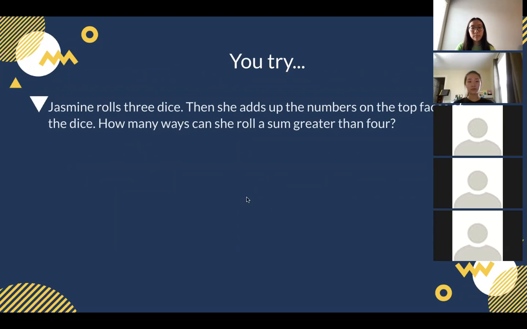So Jasmine rolls 3 dice, and then she adds up the numbers on the top faces of the dice. And how many ways can she roll a sum greater than 4? Think about how you can make a sum greater than 4.